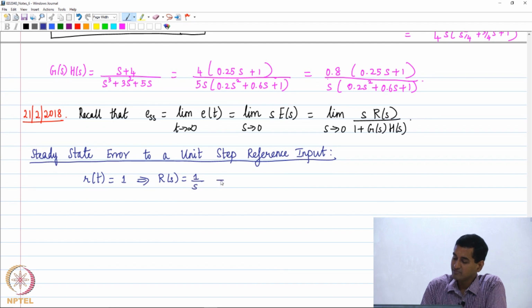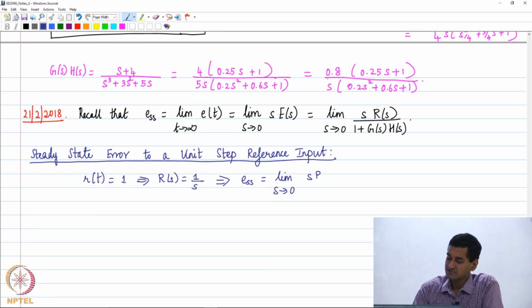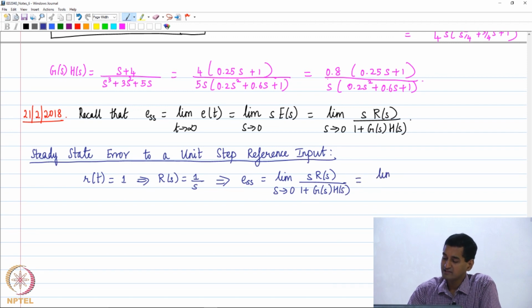So, this immediately implies that the steady state error, which is limit s tending to 0 s times capital R of s divided by 1 plus G of s H of s, is going to be equal to limit s tending to 0 1 divided by 1 plus G of s H of s, right.